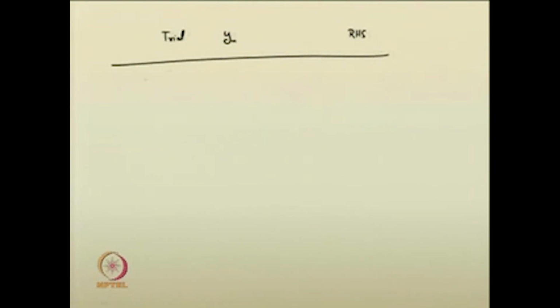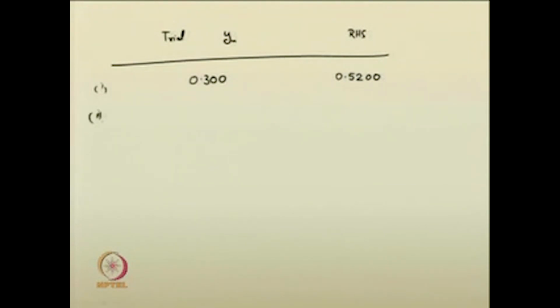If I start in the first case with 0.300 as a trial value of y n, you are getting your RHS as 0.5200.